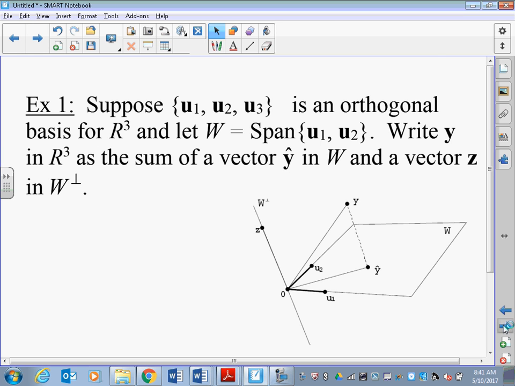Just like we did before in 6.2, how do we find the Y hat if Y hat is in the span of U1 and U2? What are we going to do with that?